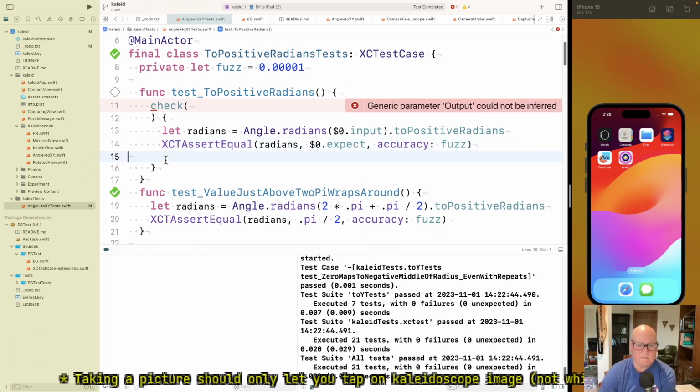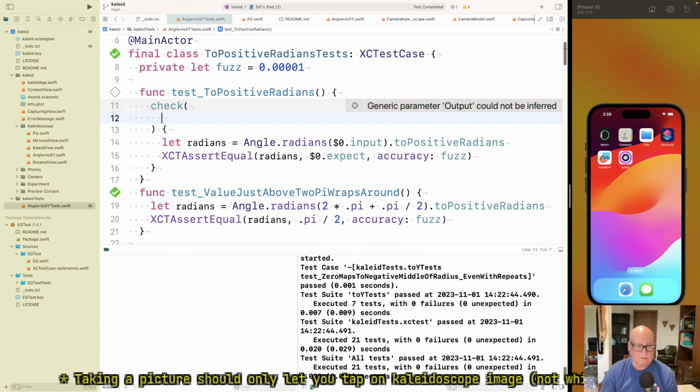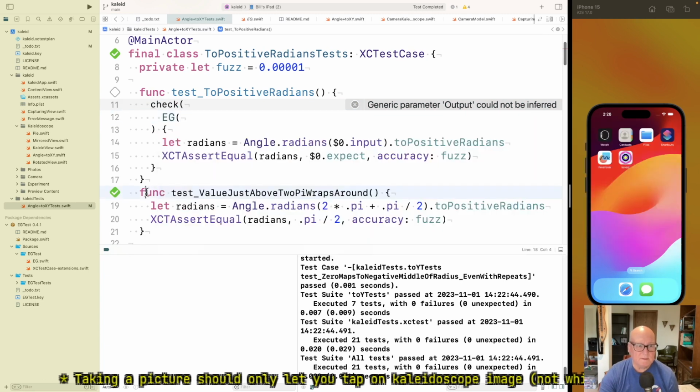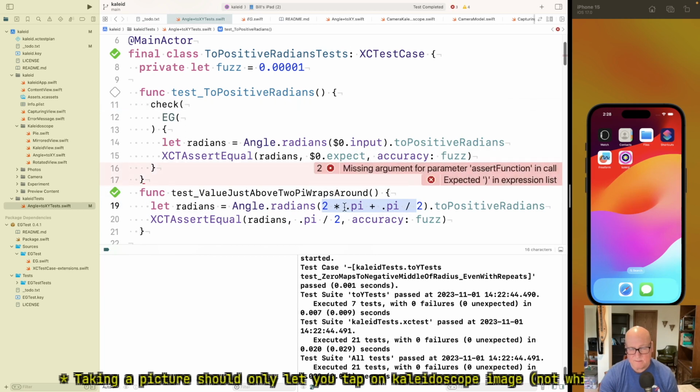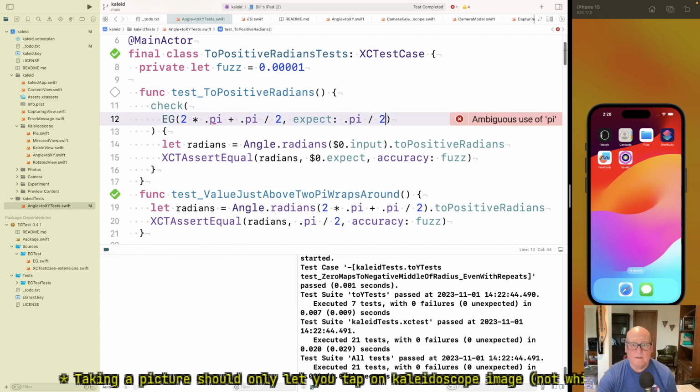accuracy fuzz. Okay. What we don't have is EG assert equal that looks at this for us and takes the accuracy. All right, now this is EG. The input for this case is, well, 2 times pi plus pi over 2. Okay, yeah, let's just take it as is. We expect pi over 2. Oh, really?